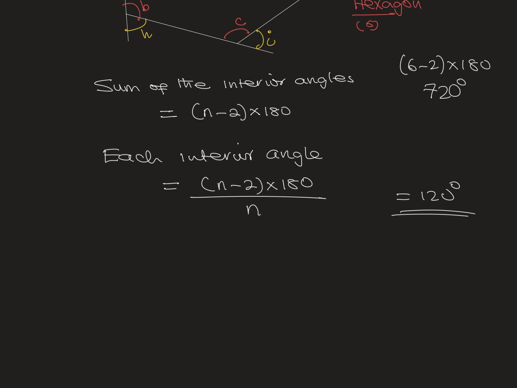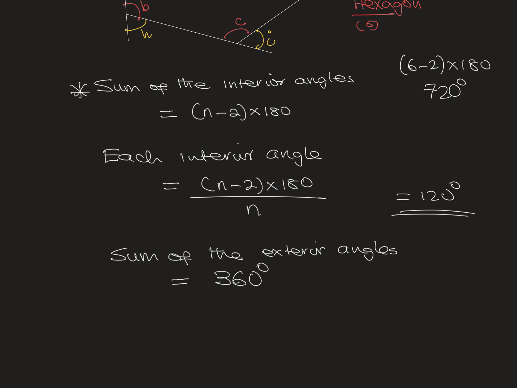Then the next concept that you have to understand is the sum of the exterior angles. Well, regardless of the polygon, whether it is a triangle, a quadrilateral, a pentagon, a hexagon, a heptagon, and so on, the sum of the exterior angles is fixed. It must be 360 degrees.